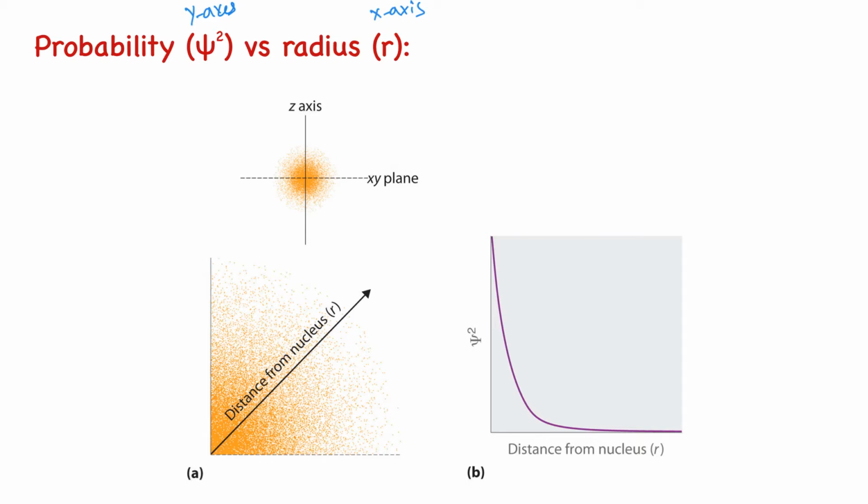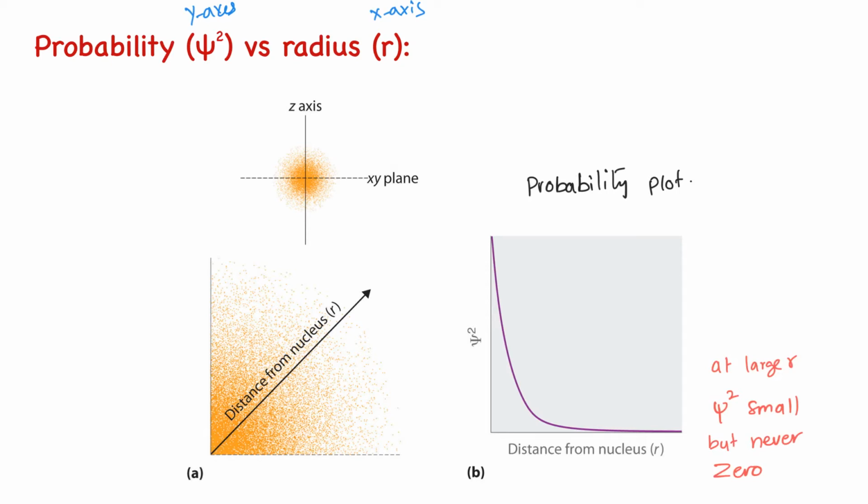This is called a probability plot. The electron probability psi square value is greatest at the nucleus and decreases gradually with increasing distance. At large values of r, the probability will be small, but we can never say that it is exactly equal to 0.